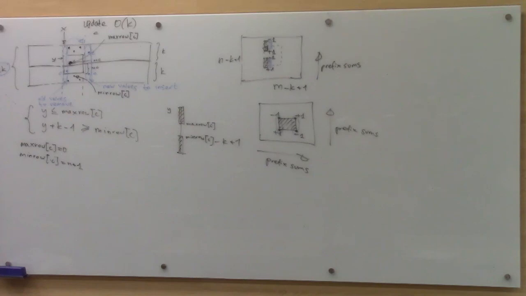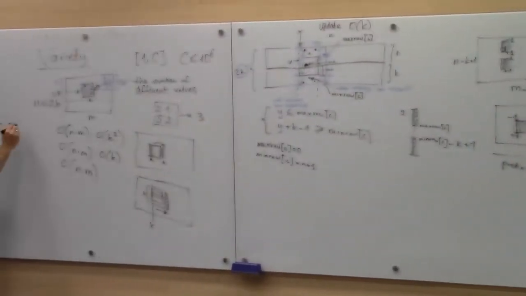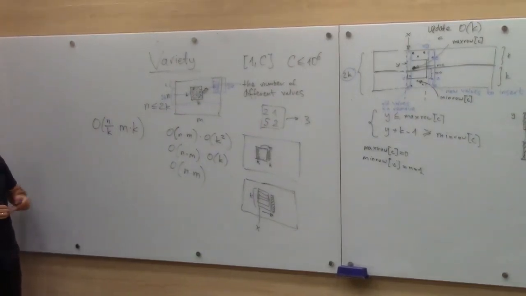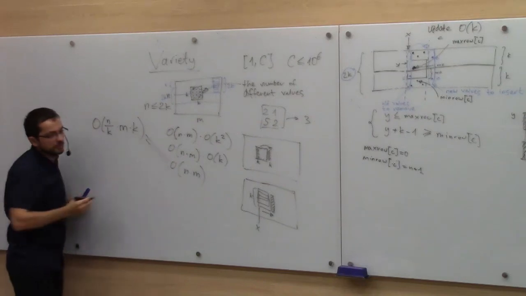So basically what we'll have here, we will have n divided by k strips, and in every strip we have to make an amount of work equal to m, because this is the length of the strip, and for every placement in the length, we need to make the update in time of k. So this is the total complexity of the solution, which results in n times m.